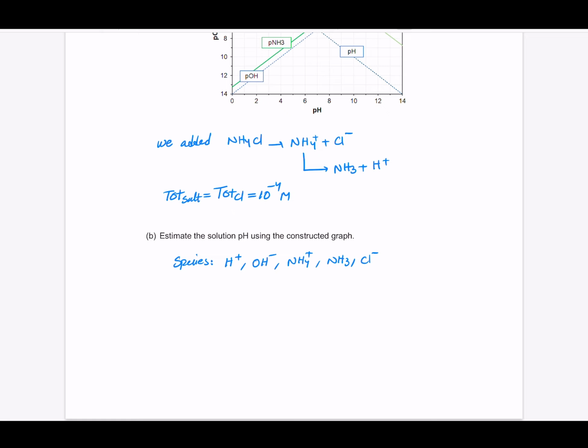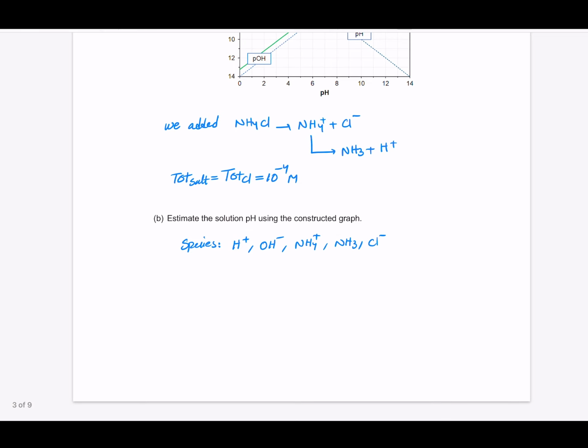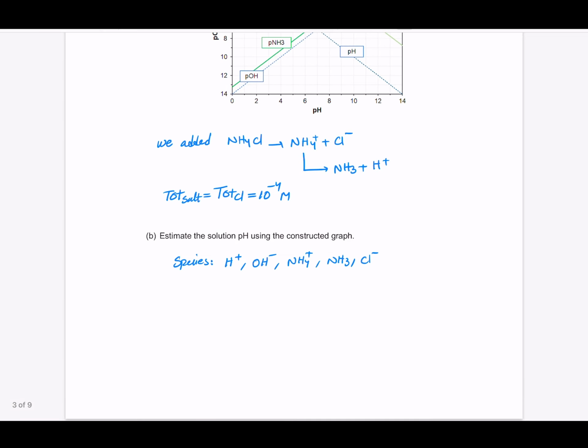So now we can do the charge balance, because that was the core of actually finding the pH using graphs. So the charge balance, in this case, would be H plus plus ammonium equal to OH minus plus Cl minus.